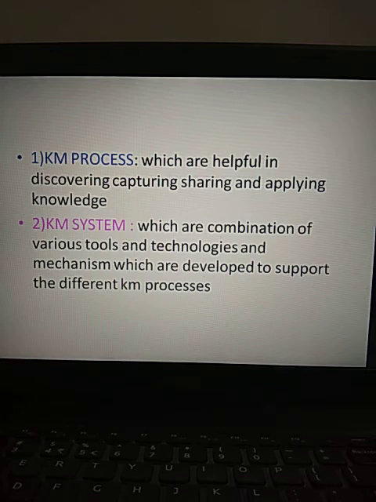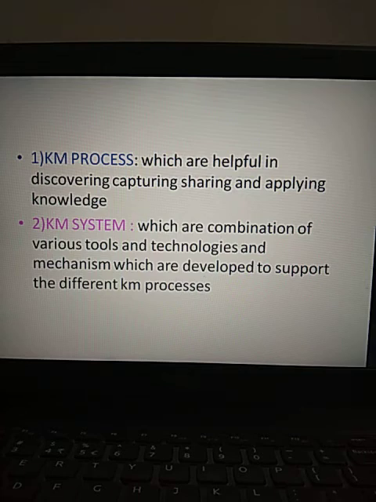Let us see here. Under the first process, what is there which is helpful in discovering, capturing, sharing and applying the knowledge? The main aspect would be how to procure the knowledge in terms of CDs, text, and other advanced procedures, and how to apply that available knowledge in terms of need.